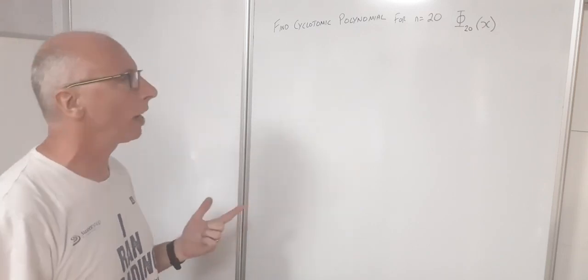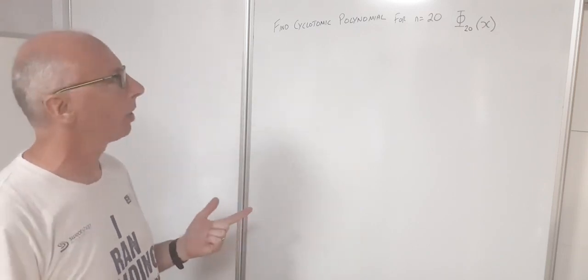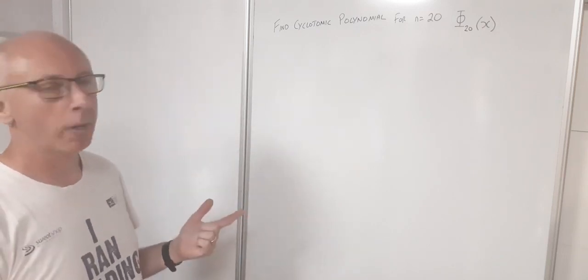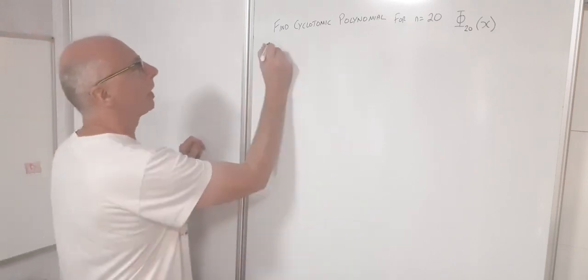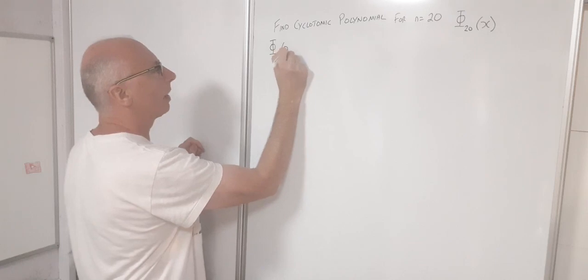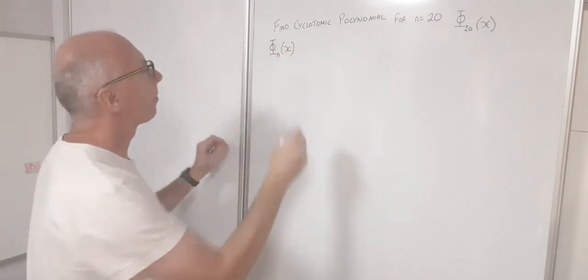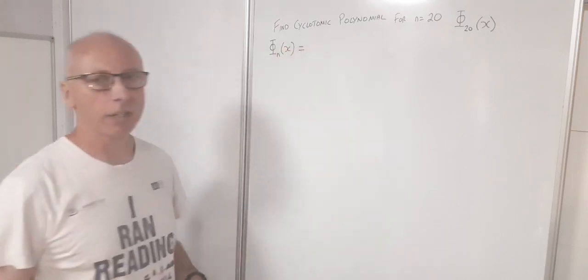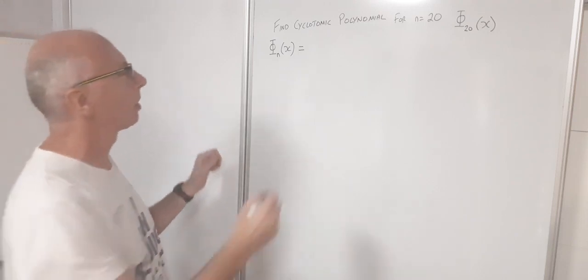There's more than one way of finding cyclotomic polynomials, but there is one nice way when you use the Möbius function. Capital letter phi, subscript n, and the variable x is calculated by using a product of terms.